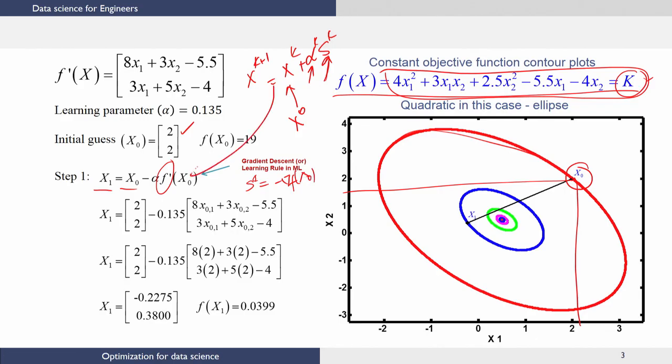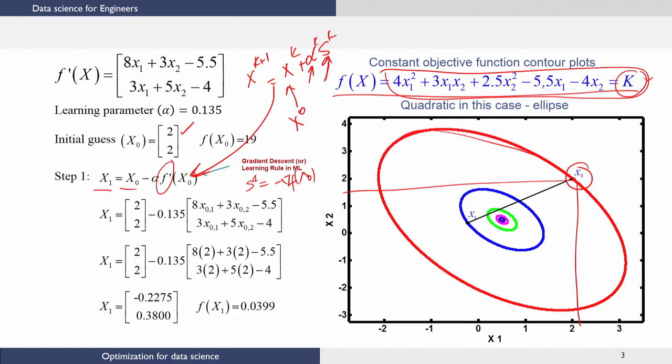So, the same equation becomes this here. Just to illustrate how an optimization approach works, we are going to pick some alpha here, which we have picked as 0.135. There is a way in which you can automate this, and here we are just using this number.